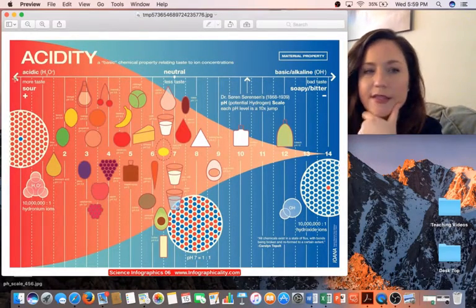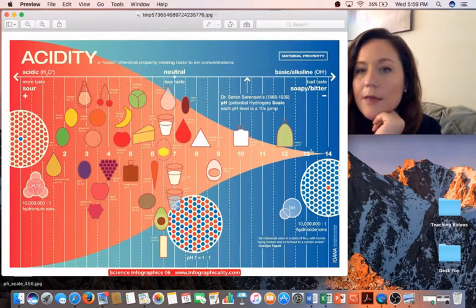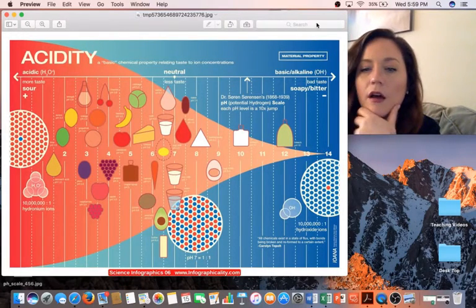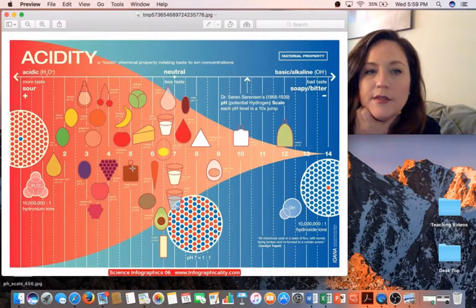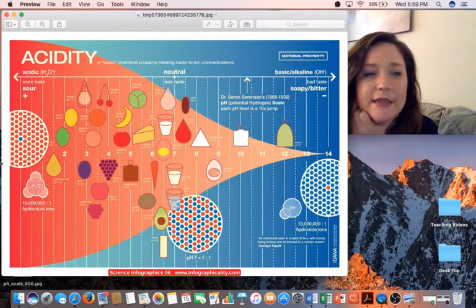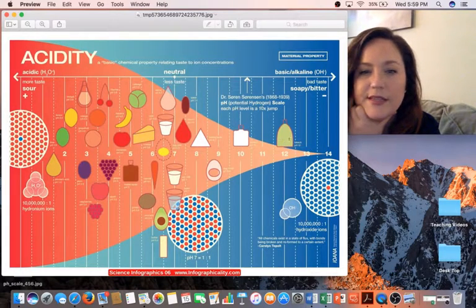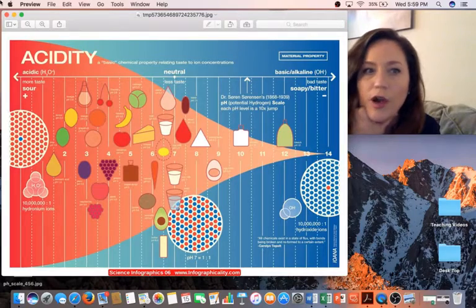Right now at 0, the acid is crazy full of hydrogen, and bases, at pH 14, are crazy full of hydroxide. You can see different fruits, and stomach acid should be around a 2, if I remember correctly. Soaps, detergent, everything like that is going to be a base, on this side. It's just a really good infograph for you guys to look at.